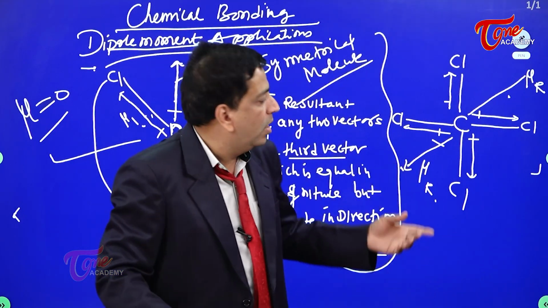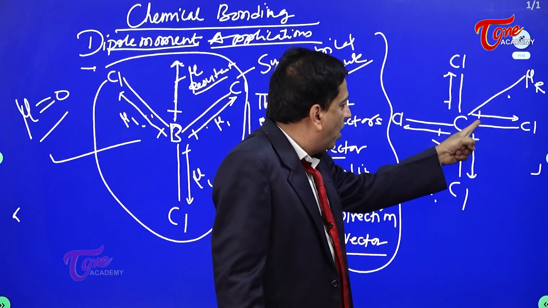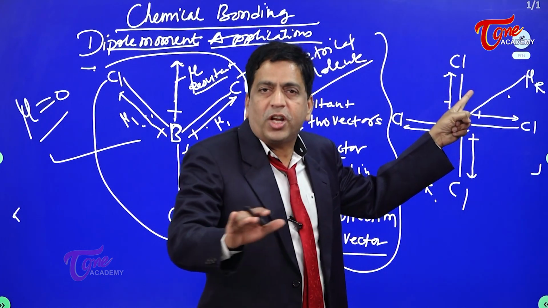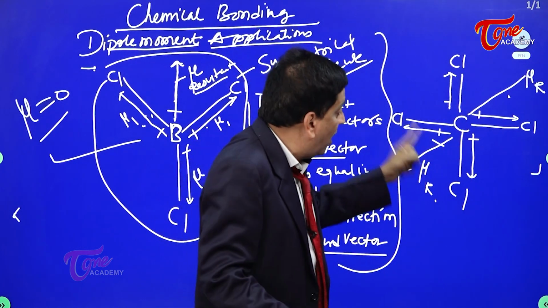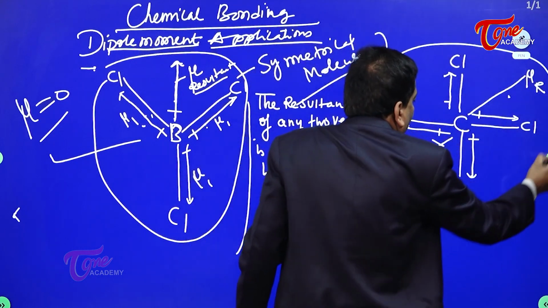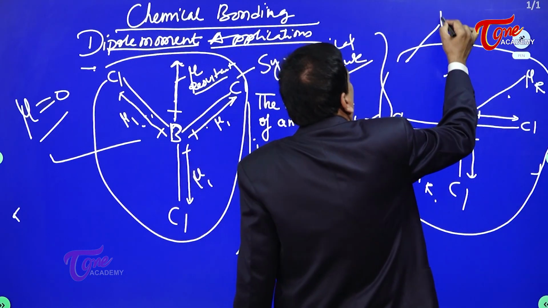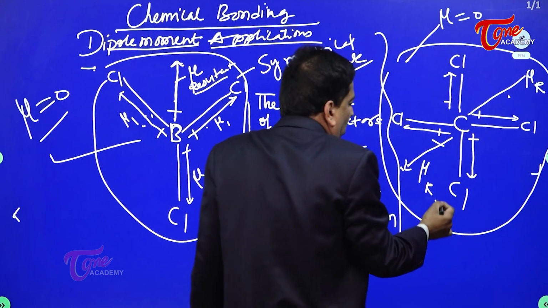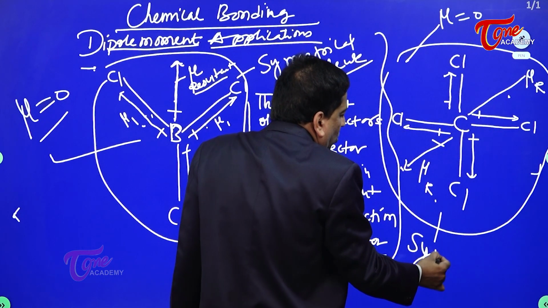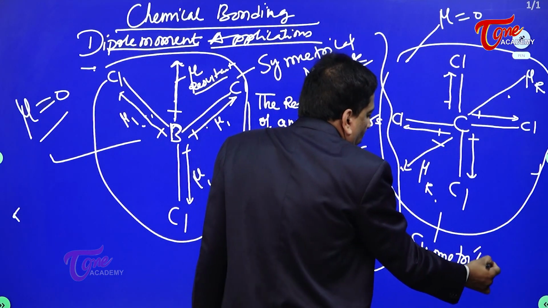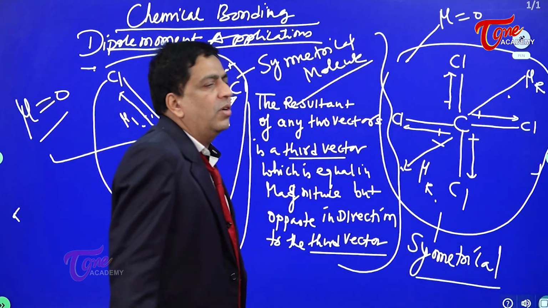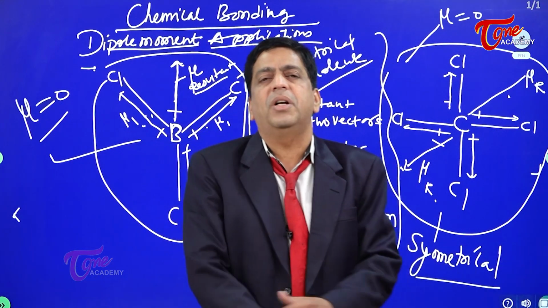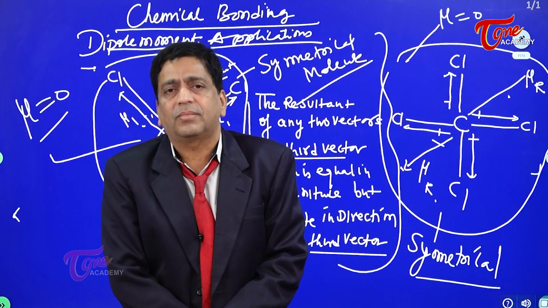So now we have polar bond, polar bond, polar bond, polar bond, unequal sharing of bond pairs. But still, the net dipole moment is again coming to zero. And such molecules are said to be symmetrical. So carbon tetrachloride is also symmetrical. You must understand this.